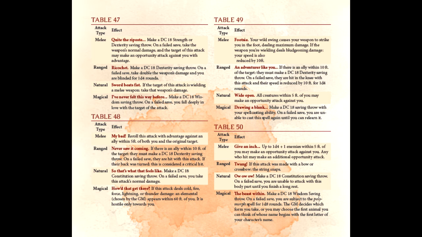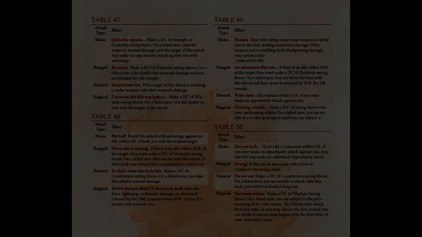If you are using a natural weapon, you get tender. You take a 1d6 penalty to your next attack roll. If you are using a magical attack, you obtain drawing a blank. You make a DC 14 saving throw with your spellcasting ability. On a failed save, you are unable to cast this spell again until you finish a short rest. And these are just some of the results that you can obtain. There are 50 tables in total.